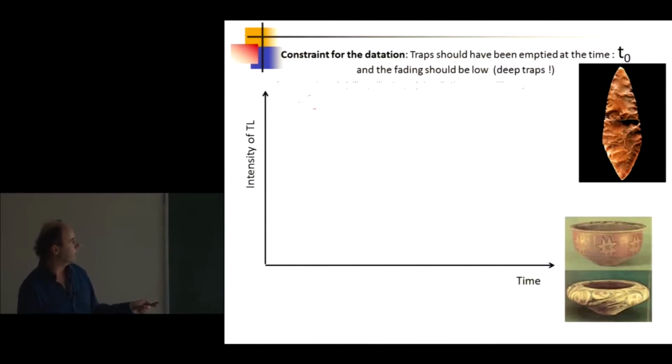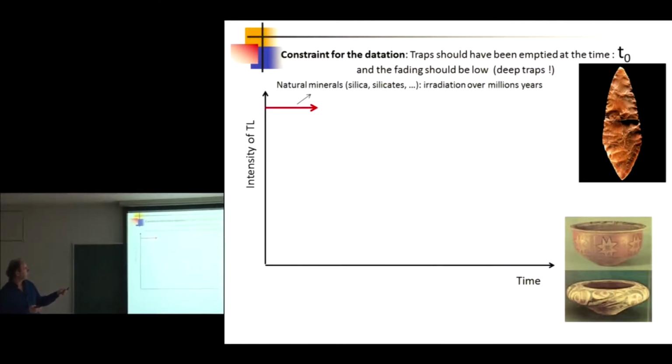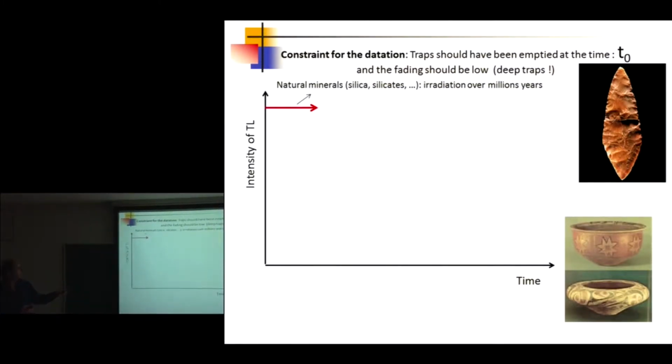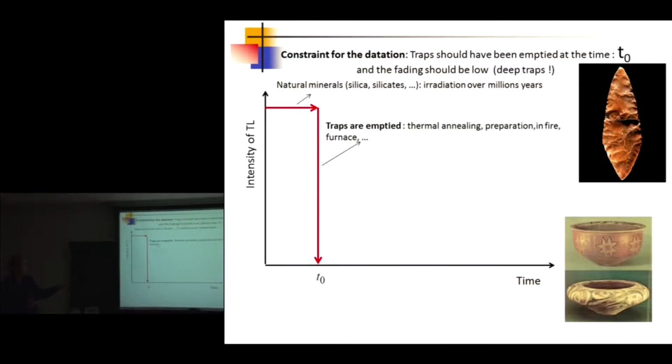You have the intensity. For instance, a natural mineral, irradiation over millions of years. The traps should be empty at T0. Very important is the T0. That's why, in general, we use that for pottery. Because you put the pottery in the furnace. 2,000 years ago, they were doing the same kind of pottery.